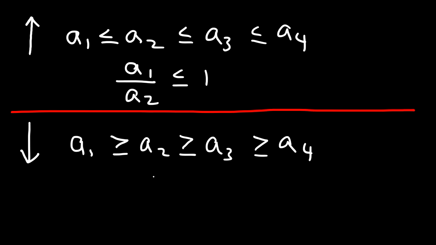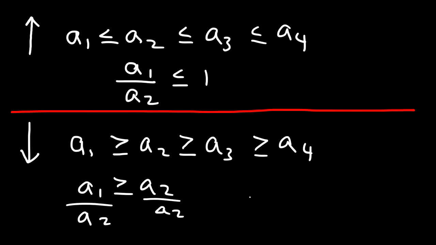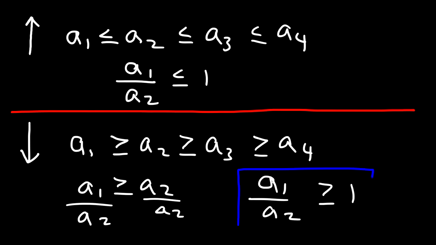If you focus on the inequality where A1 is greater than or equal to A2, and divide both sides by A2, you'll get A1 divided by A2 is greater than or equal to 1. So there are different ways you could show that this is a monotonic decreasing sequence, and this is a monotonic increasing sequence.